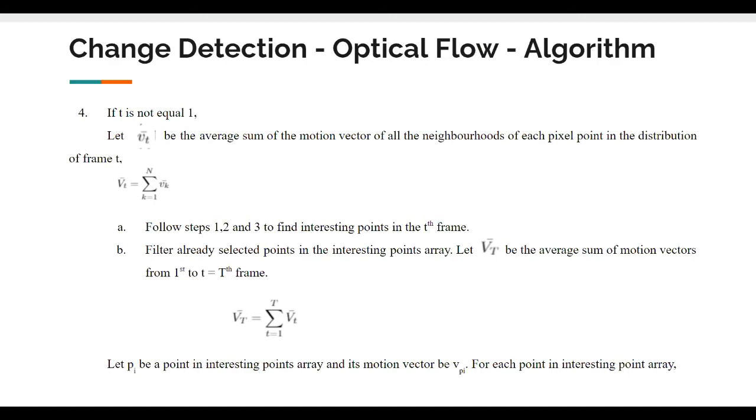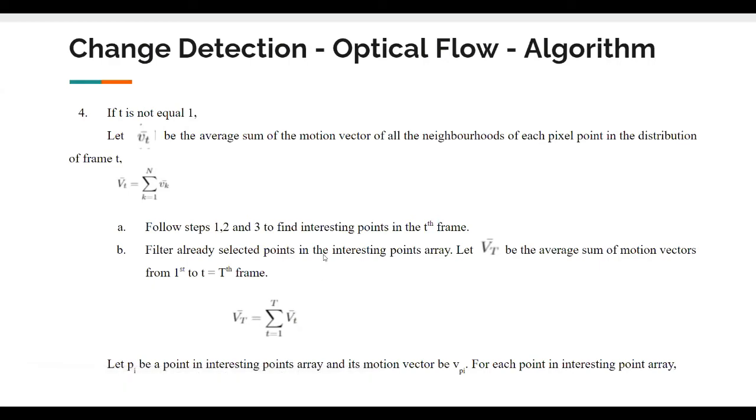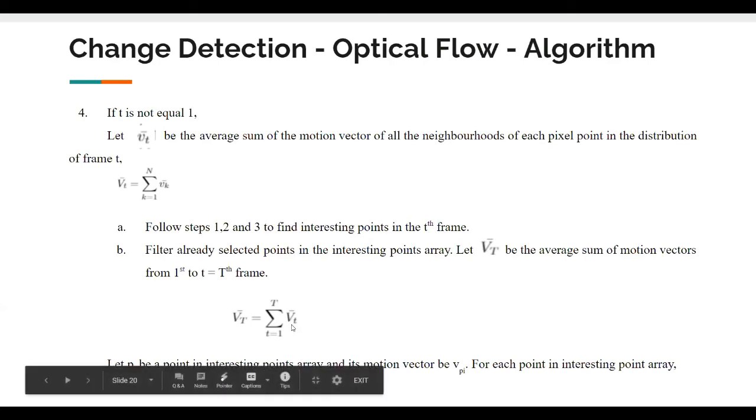Assume that our frame is capital T, and we calculate the average sum of motion vectors from the first frame to the Tth frame, that is v bar capital T. In this equation, v bar t means the average sum of motion vectors of all the neighborhoods in a frame t. So we get the average sum from the first frame to the Tth frame.